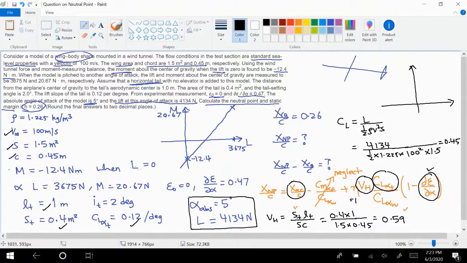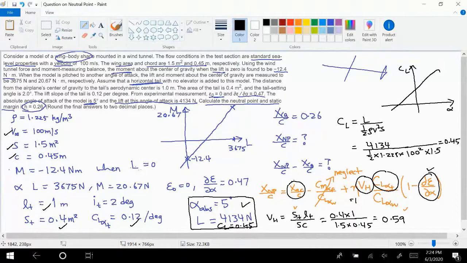Okay, so come back to this information. We have CL equal to 0.45 when alpha absolute is 5 degrees. We need to understand what alpha absolute is. Alpha absolute is the angle which is measured from zero lift. Let's say this is CL versus alpha.